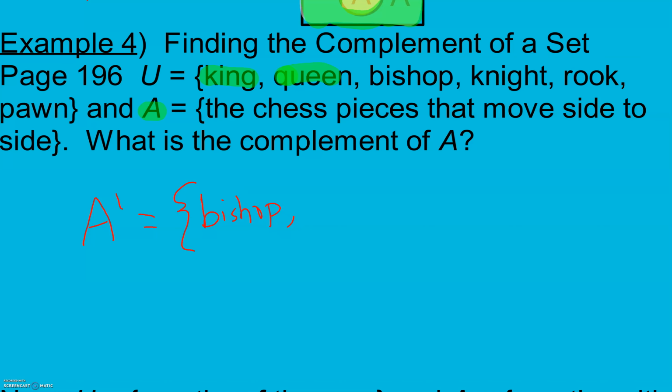The knight moves in an L-shaped pattern, 2 in one direction, 1 in the other, which means it does not move side to side. The rook moves just left and right or just up and down, so that can move side to side. And the pawn only moves forward, either 1 space or 2, depending on which turn it is. It can only move 1, but the first time it can move 2.